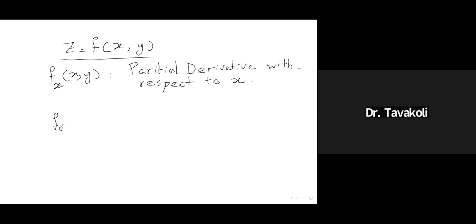And f y of x and y. So in the lower right side of f, I just put a y. That means partial derivative with respect to y.